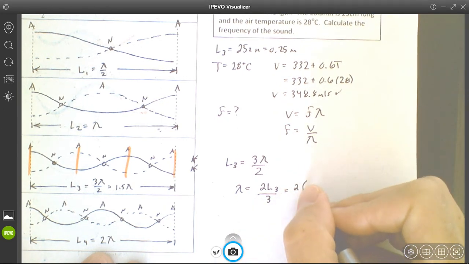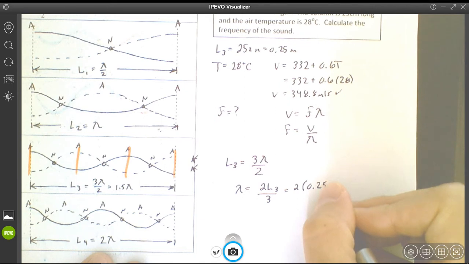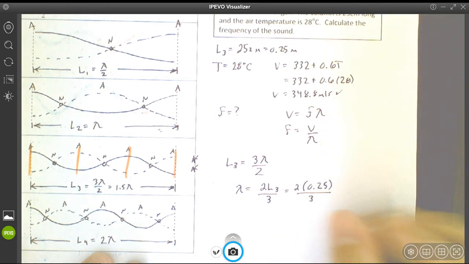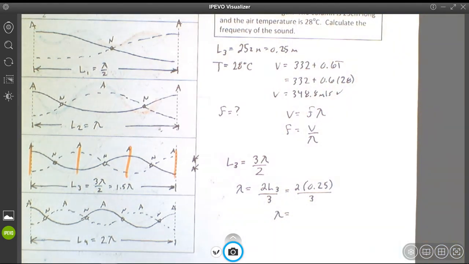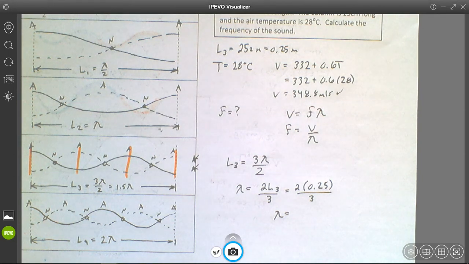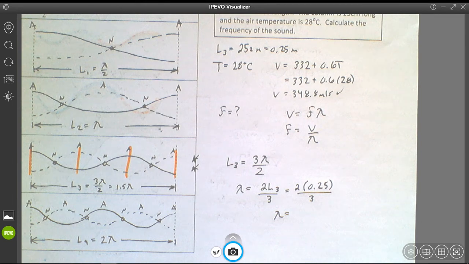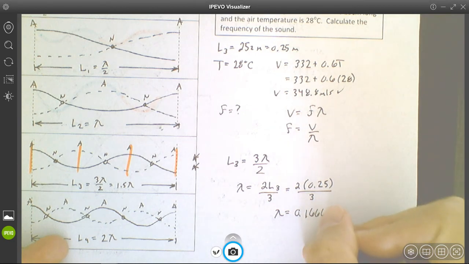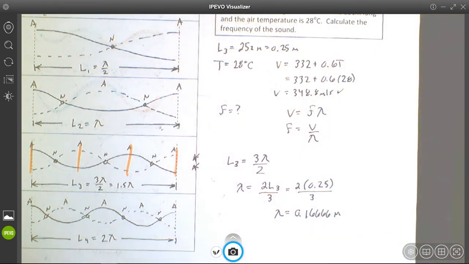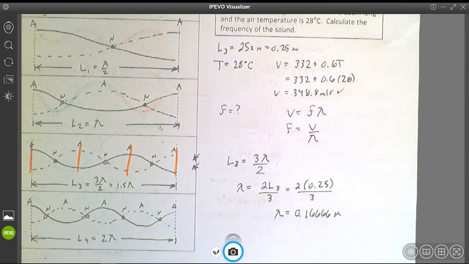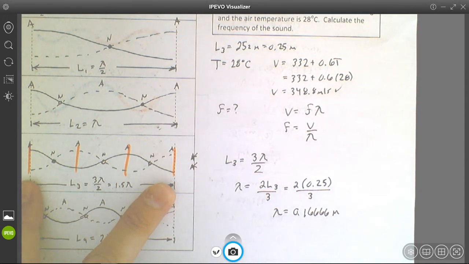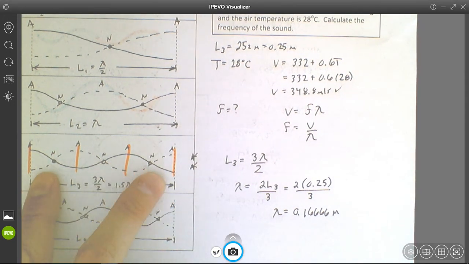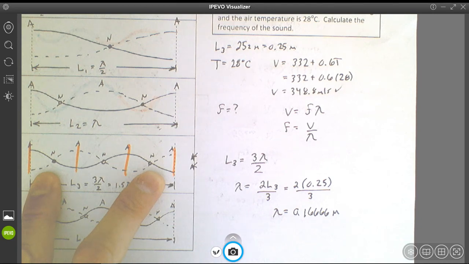So it's 2 times 0.25 over 3. And so 2 times 0.25 is a half, divided by 3, 0.166 meters for the wavelength, right? And it makes sense that if this is 25 centimeters, from there to there is about 16 or 17 centimeters.